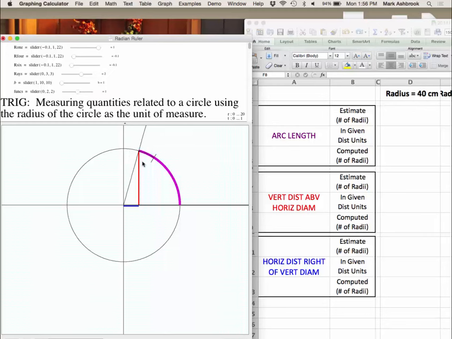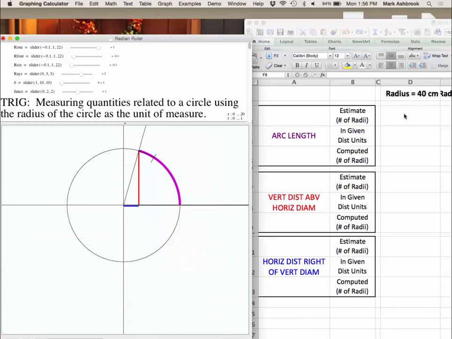So looking at this arc length, and I've given you this tick mark to show you what one radius length was. What do you estimate the total purple arc is measuring in terms of the units of the radius? What would you estimate? A half? 2? 10? 0.1?